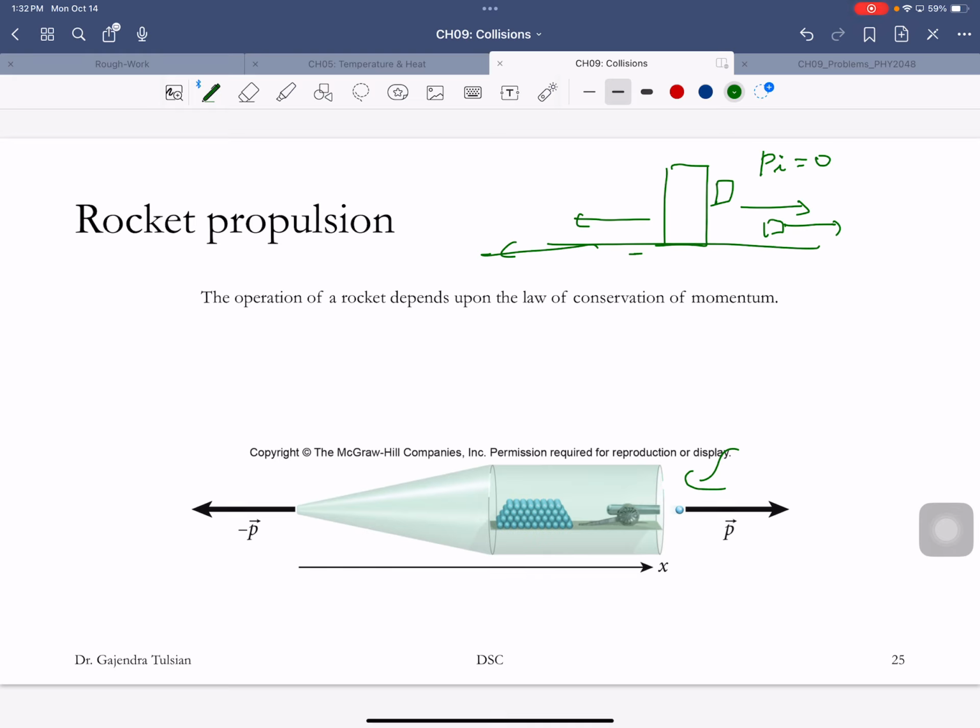All right, so the rocket initially was at rest, so we'll imagine this happening in space. You shoot some hot gases, you recoil and go in that direction. Notice the total momentum of the entire thing is always 0.